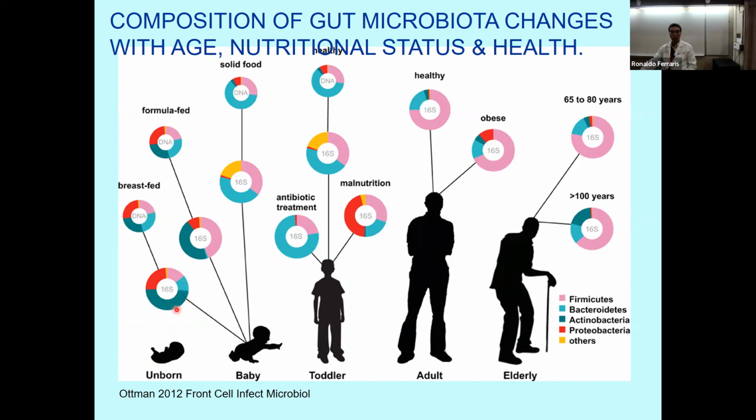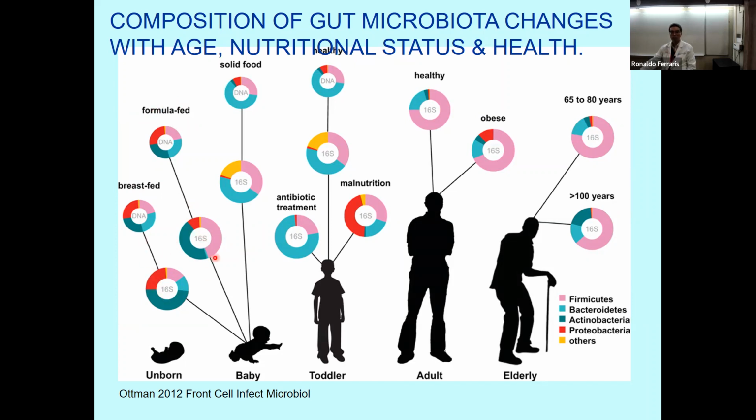Now, breastfeeding, so don't worry about this, is different kinds of sequencing, okay? This is one method, another method of sequencing, and you don't have to worry about these changes. You could see that there's a small change in the composition of the gut microbiota comparing breastfeeding with formula feeding.